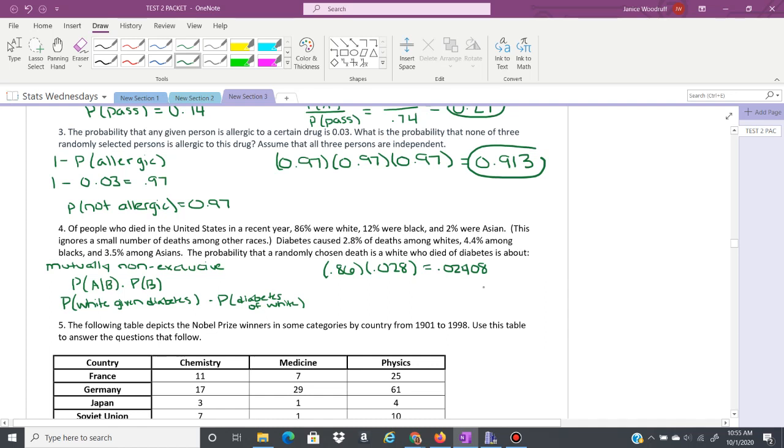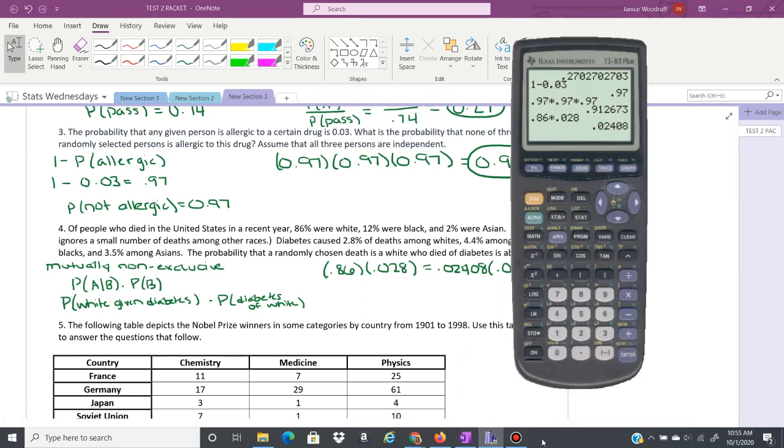Okay, so that's 2.8%. So then take that, multiply by 0.028. So your A given B is this 86% times 2.8%, and then multiply that by B, which is your 2.8%. So that gives us 6.7424e to the negative 4.